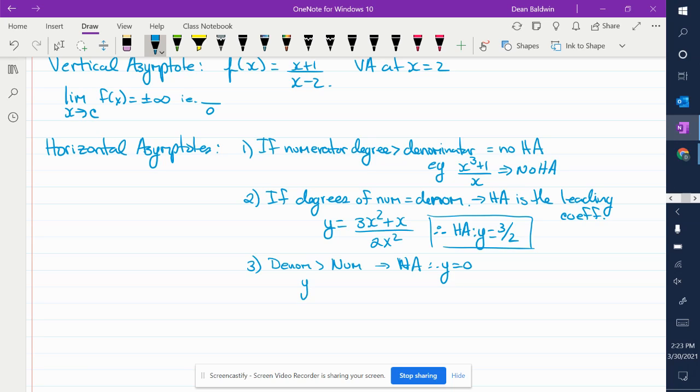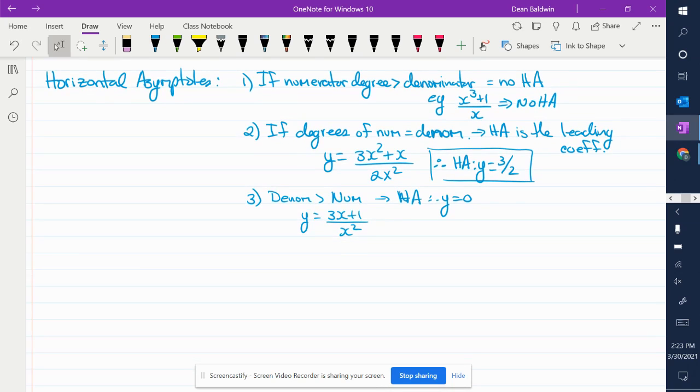So for example, (3x plus 1) over x squared has a HA of y is equal to 0. Those are the 3 rules you learned.